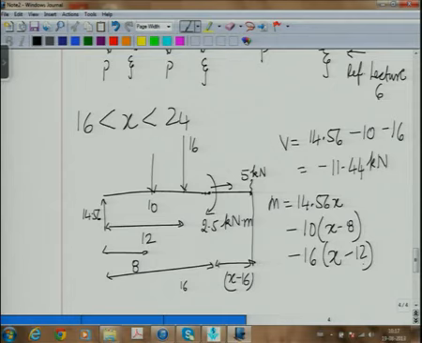Now what about the moment of 2.5 kilonewton meters? It is clockwise, so that means an anti-clockwise moment will act on all sections to its right. So in addition to this we will have to put plus 2.5. And remember, when I wrote the rules I said two things.